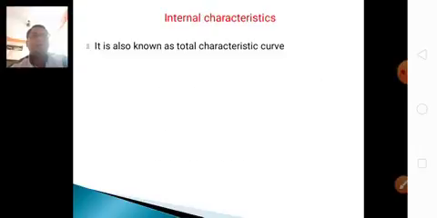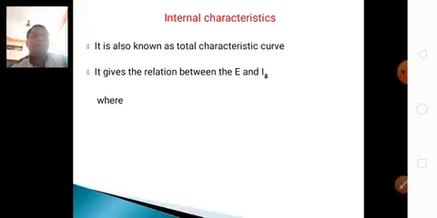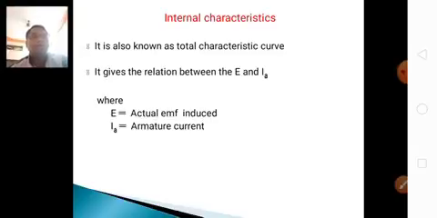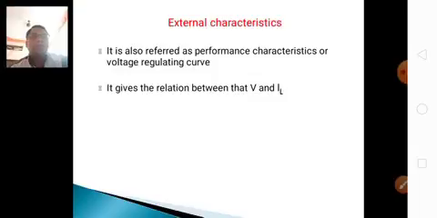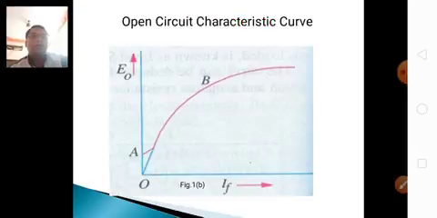Internal characteristics are also known as total characteristics curve. It gives the relation between E and Ia, where E is the EMF induced and Ia is the armature current. External characteristics are V versus IL. They give the relation between V and IL, where V is the terminal voltage and IL is the load current.